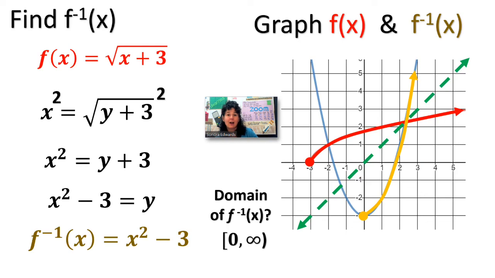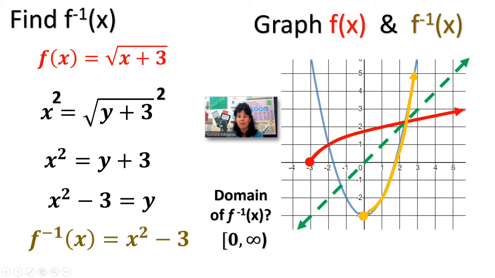On the final exam, there is a tricky question like this, where you will be asked to find the domain of the inverse function. And so those first steps are to swap the x and y, solve for y, but don't just look at that final equation to determine the domain of the inverse.